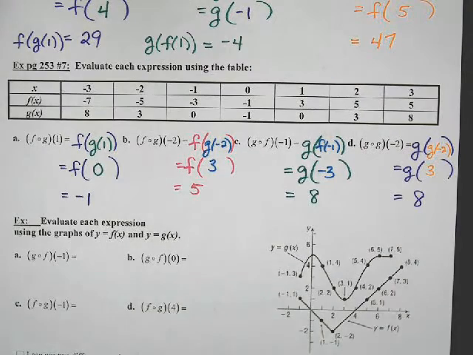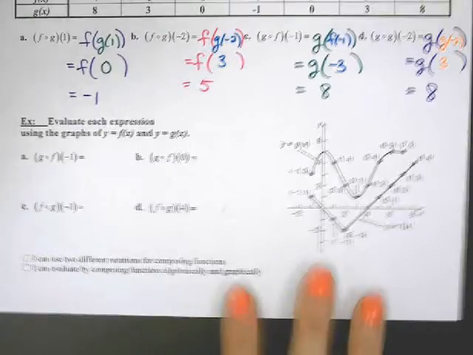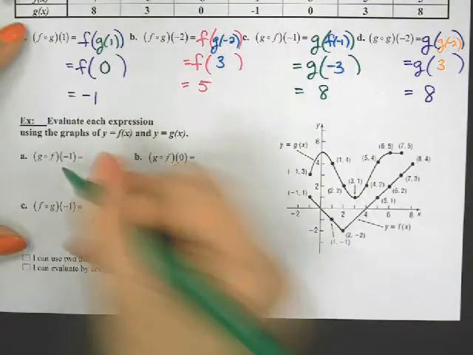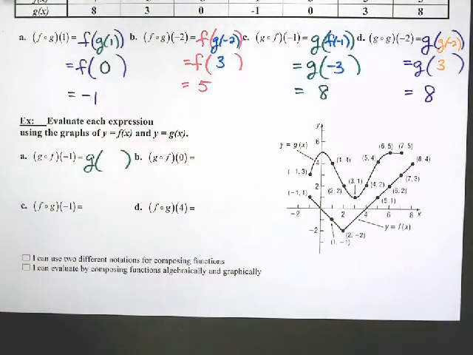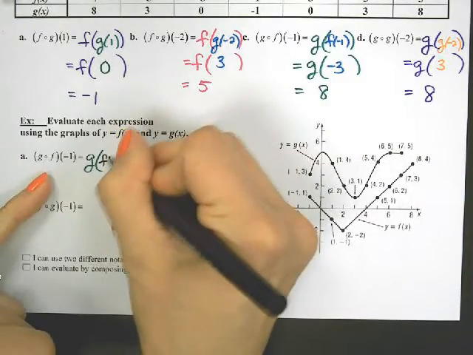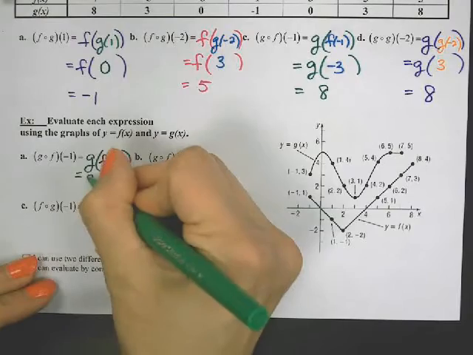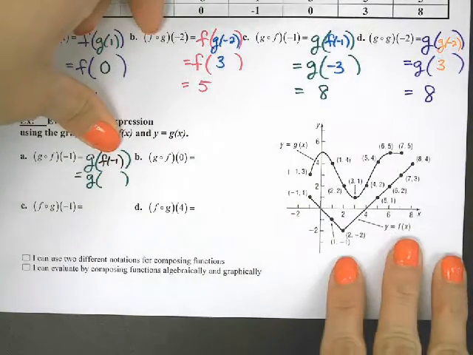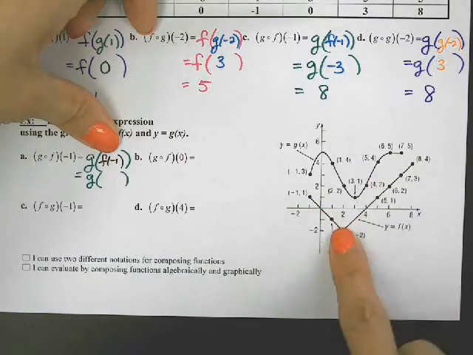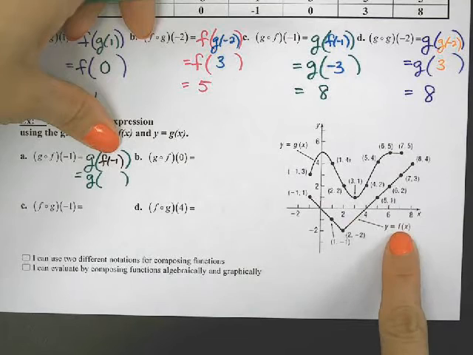Okay, we could also do the same kind of work by getting our answers off of a graph. Okay, so our same notation here. This says g of f of negative 1. Okay, so first thing you have to do is find f of negative 1. So look at this picture. This absolute value looking graph, the sticky one right here, that is the f function.